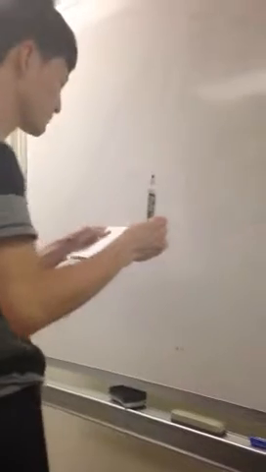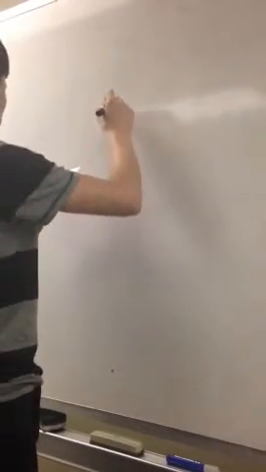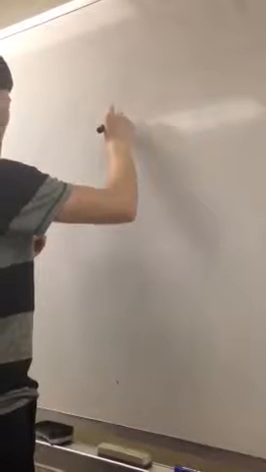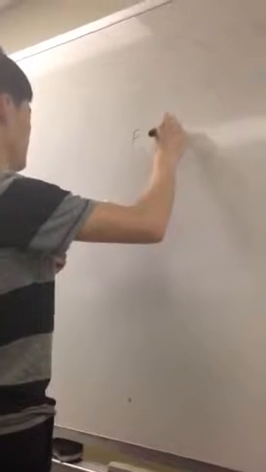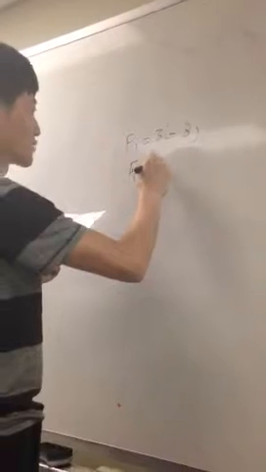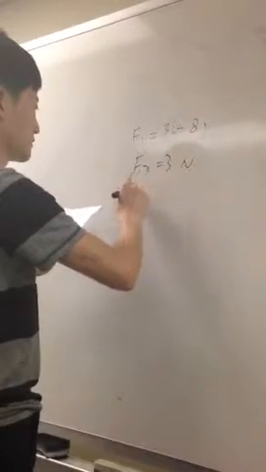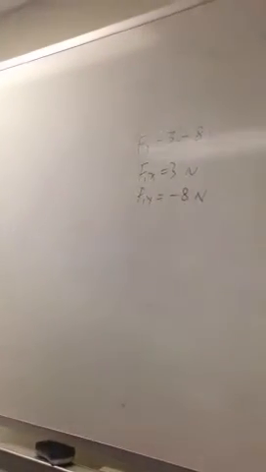And number 4. That's a similar question, and it's even more complicated because it involves an x and y axis. If the only force acting on it is, so x will be 3, y will be -8, right?